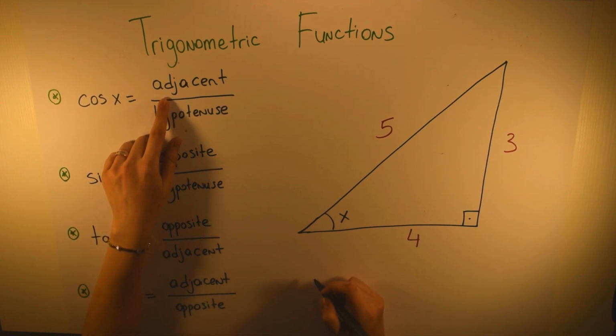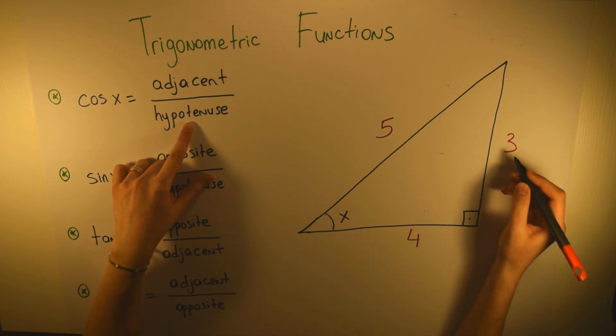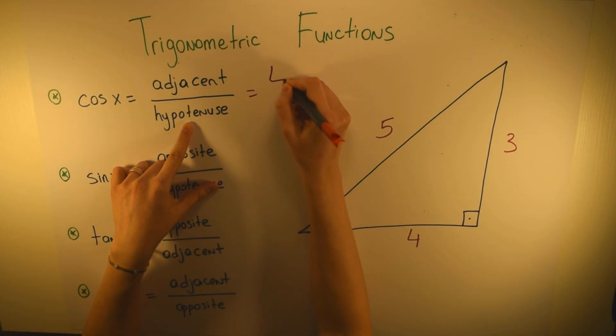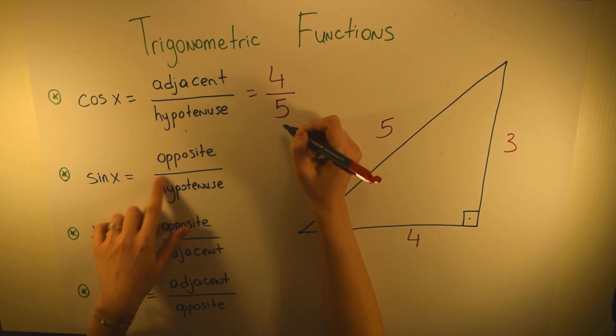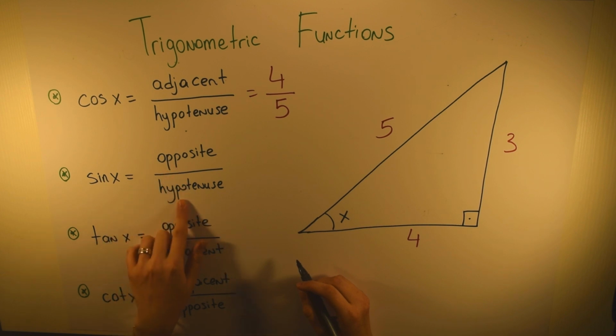So here adjacent side over hypotenuse, which means our cosine x is equal to 4 over 5, right? Our adjacent side is equal to 4 and our hypotenuse is equal to 5. When we want to find our sine x, it's equal to opposite side over hypotenuse.